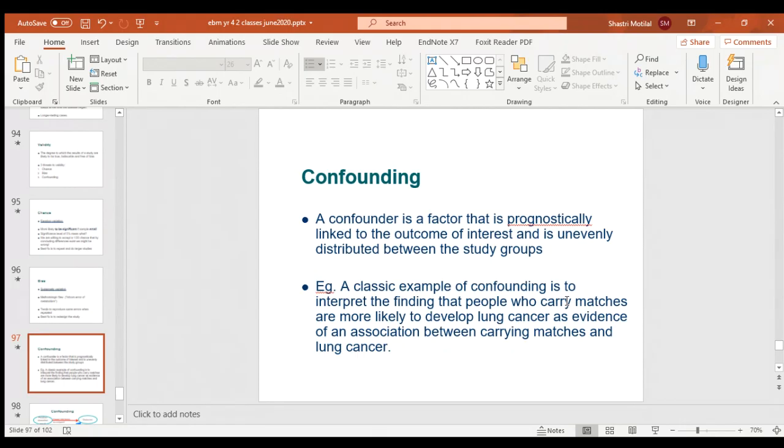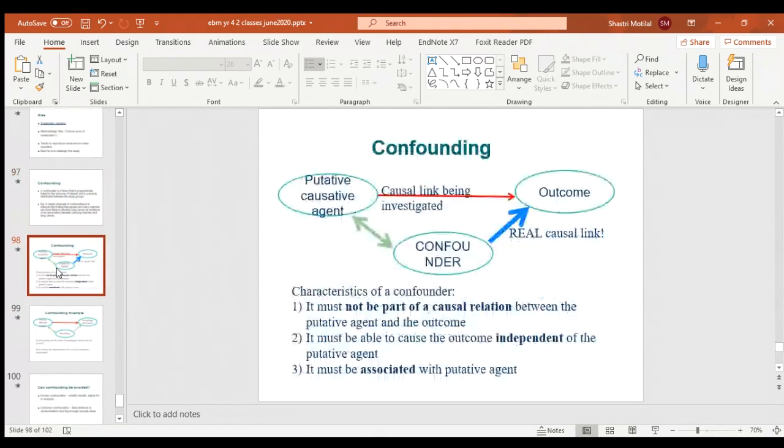So those are the 3 criteria we use to say that a confounder is a confounder. The confounder must be able to cause the disease. The confounder must be associated with the agent you're looking at, but it must be able to cause the disease even if this agent is not present. Smoking could cause cancer even if a person doesn't have a box of matches on them.